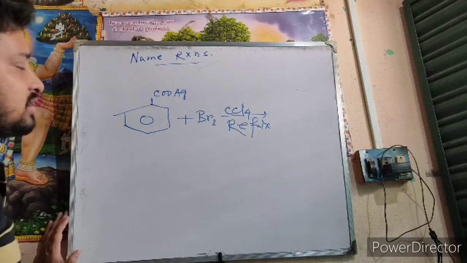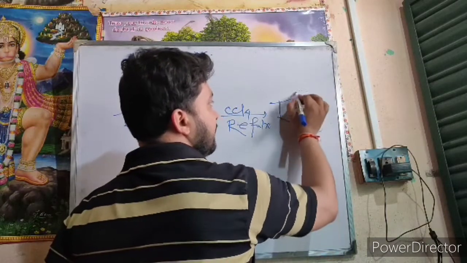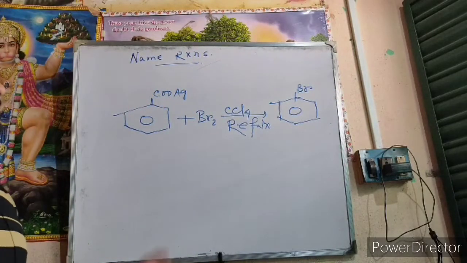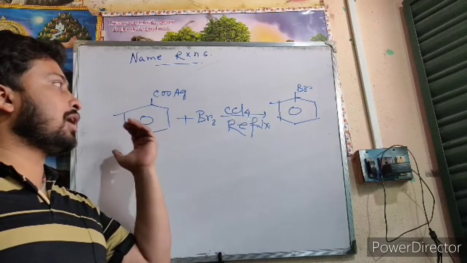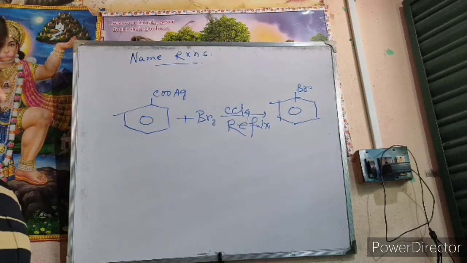CO2 is removed, AgBr is removed, so bromoarene is made. This is the Hunsdiecker reaction on aromatic compound.